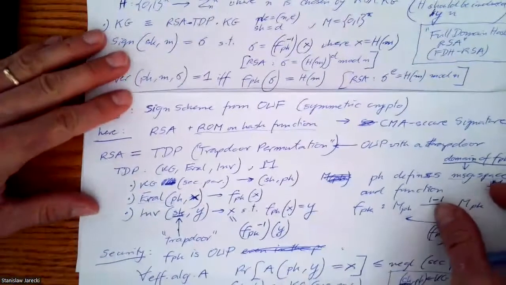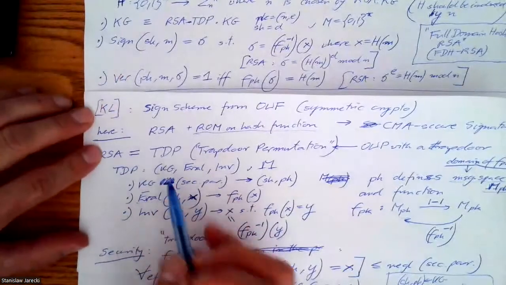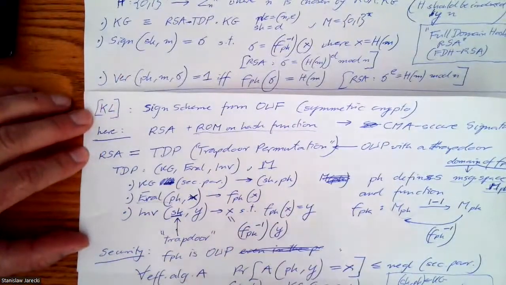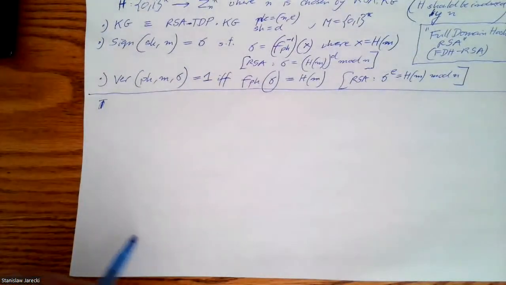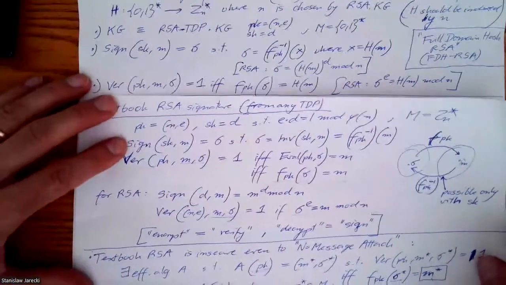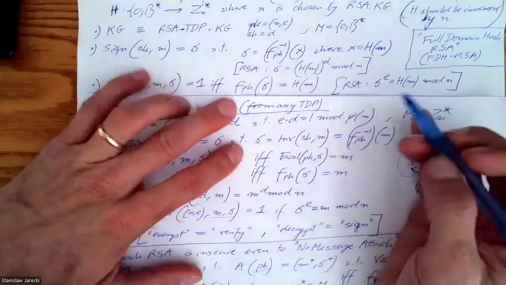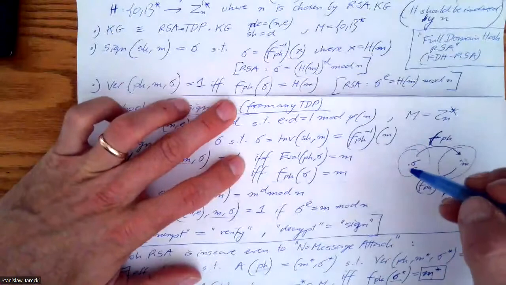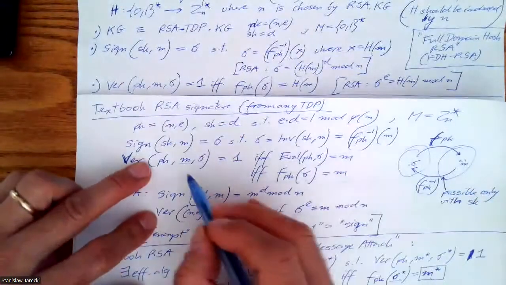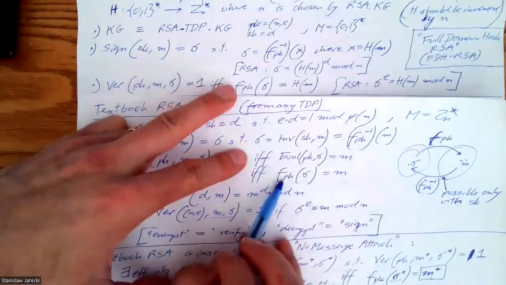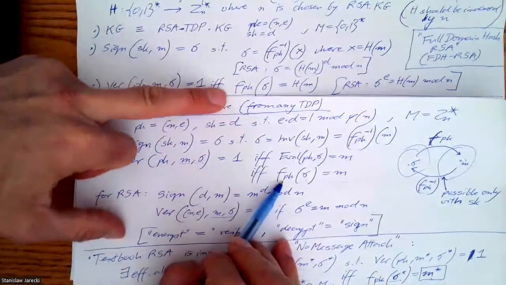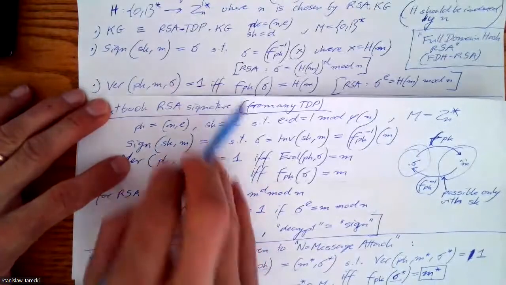The difference between the textbook RSA is when I verify, I compute the function forward. So these two points are very similar, right?